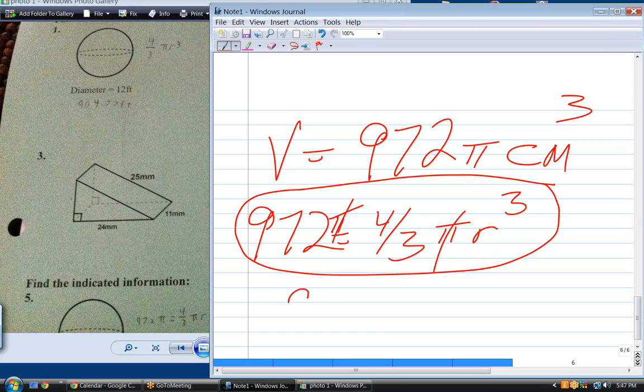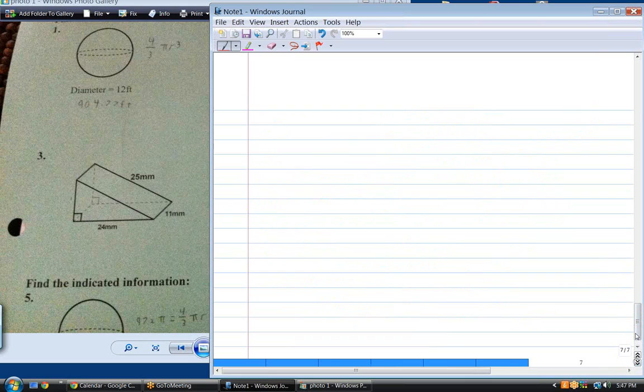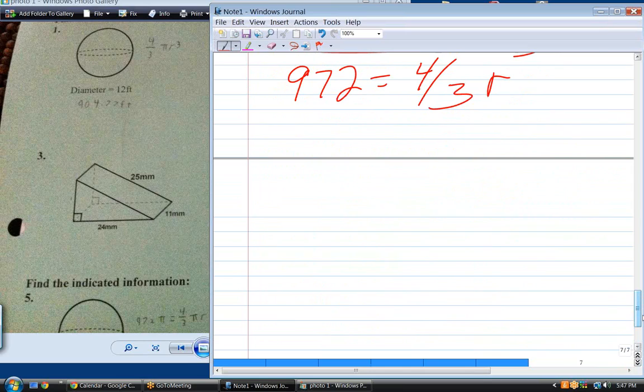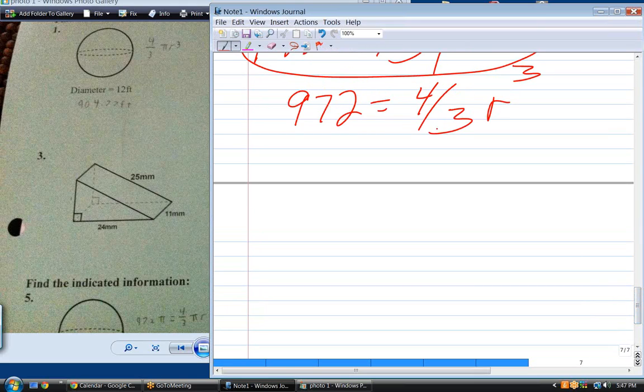I got 972 equals 4/3 r cubed. Correct. And so I times 972 by 4/3. You actually want to multiply it by 3/4. You see why? In other words, we want to get rid of this 4/3. We do that by multiplying both sides by 3/4.